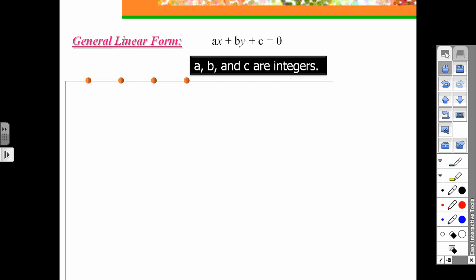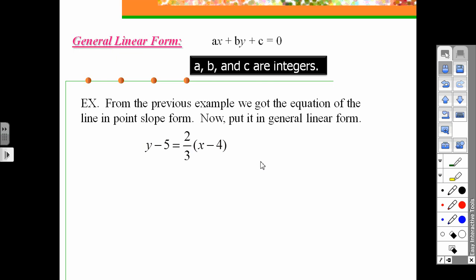Okay, so you're not going to use the general linear form to pull out what's A, what's B, what's C in order to help you graph something. All right, so from the previous example that we got, our equation was y minus 5 equals 2/3 times x minus 4. What they might have asked us to do as an extra step was to put that equation in general linear form.